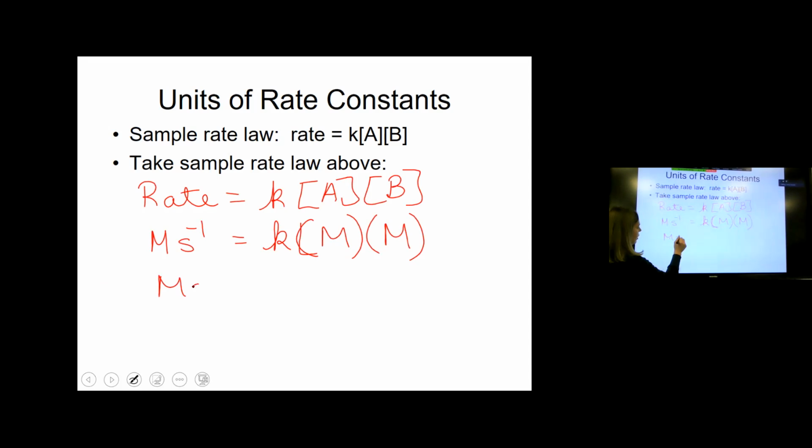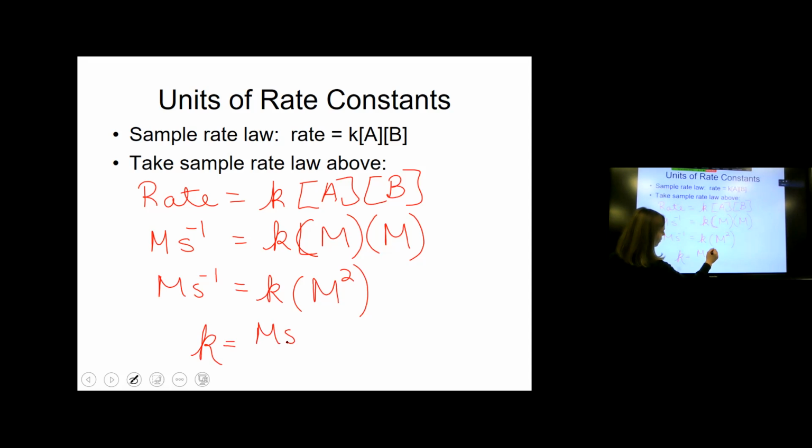So we have molarity per second equals K times molarity squared. So in order to find K, molarity per second divided by molarity times molarity. Now you could leave that molarity squared, but for me, I like to write it out molarity times molarity. It just makes life a little bit easier for my brain.